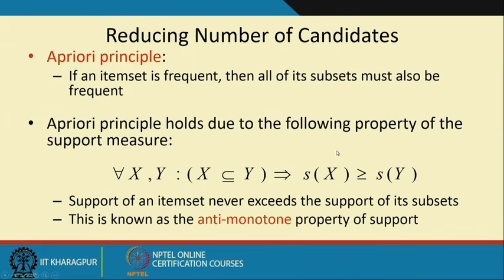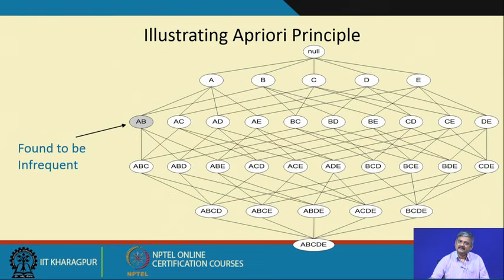This property helps us avoid evaluating the frequency of all these possible candidate item sets. Why? Because if an item set is frequent, all its subsets should be frequent. The other way around, if some item set is not frequent, none of its supersets can be frequent.